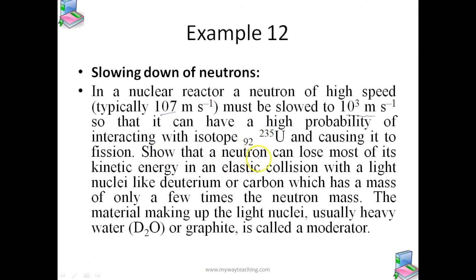So show that a neutron can lose most of its kinetic energy in an elastic collision with a light nucleus like deuterium or carbon, which has a mass of only a few times the neutron mass. The material making up the light nuclei is usually heavy water, D2O, or graphite, called the moderator. So now we should find out that it can lose more kinetic energy in an elastic collision.